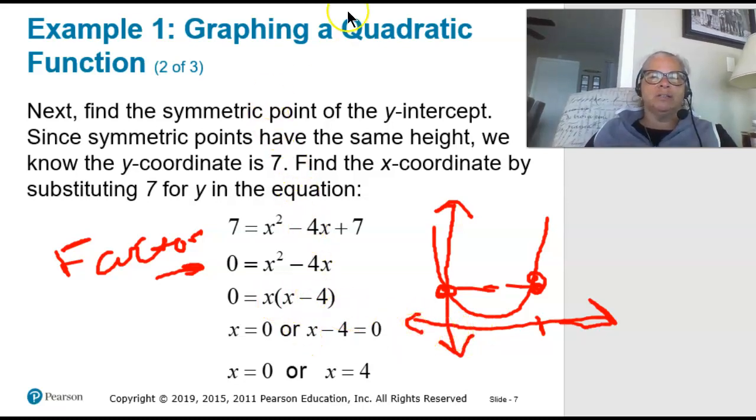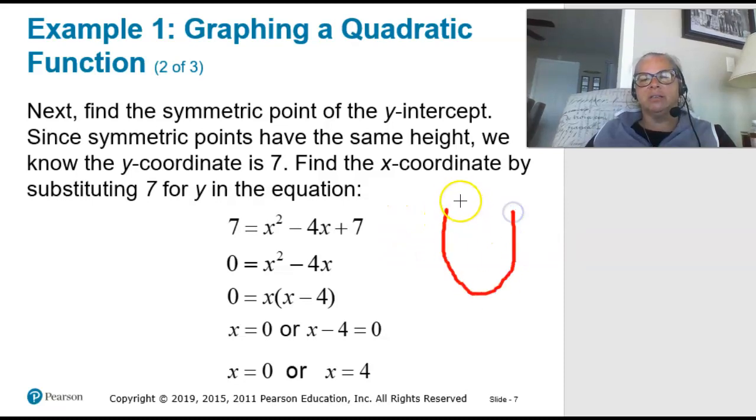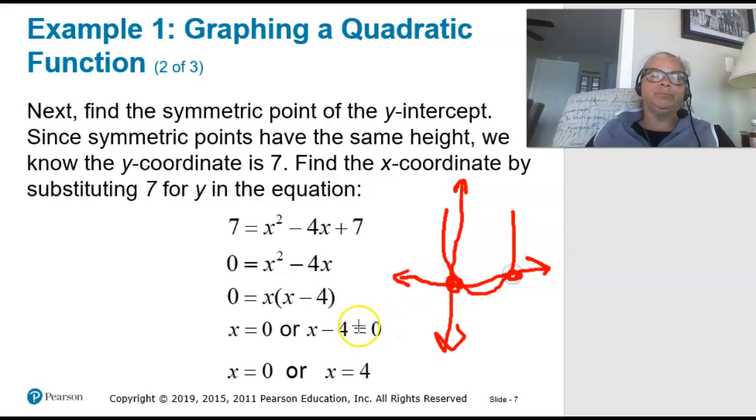My drawing isn't very good because that should come down through the x-axis. So we should actually have a picture that looks like this. It crosses the y-axis here. And there's some x-axis down here, and it's going to cross at 0 and at 4.